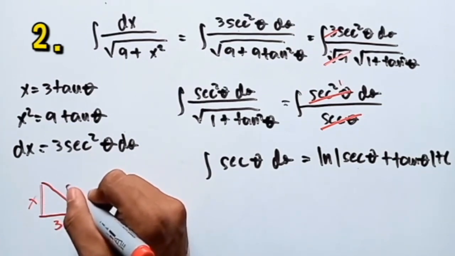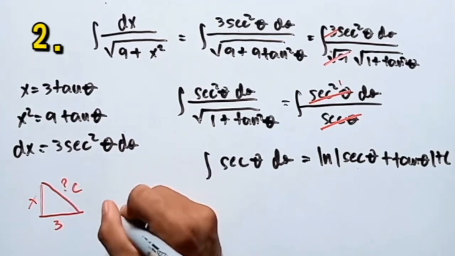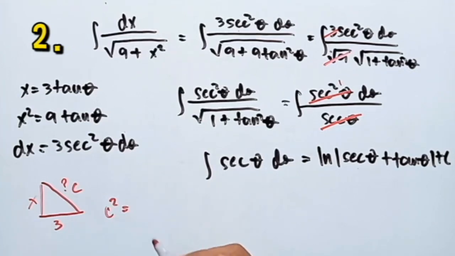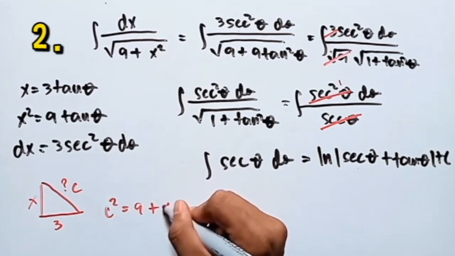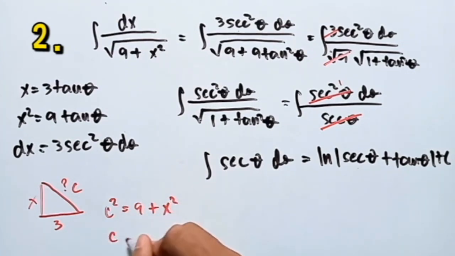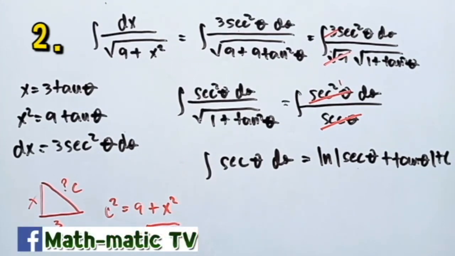The missing side is the hypotenuse, which is c. So c squared is equal to a squared plus b squared, which is 3. So this will become 9 plus x squared. So c is equal to square root of 9 plus x squared.